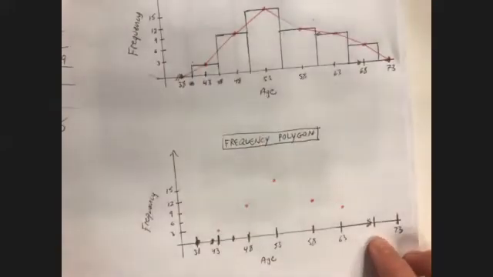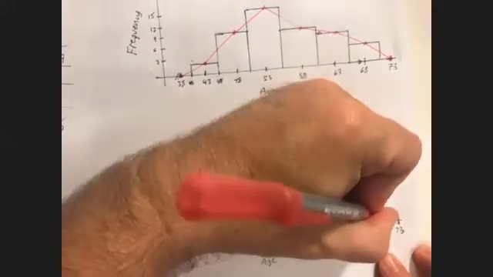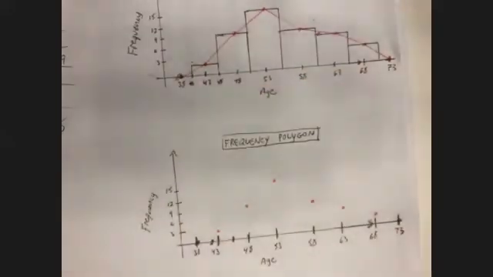Oh, I forgot to put the 68 right here. 68 was 3, and then 73 was our tie down.